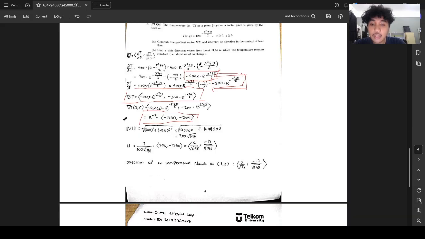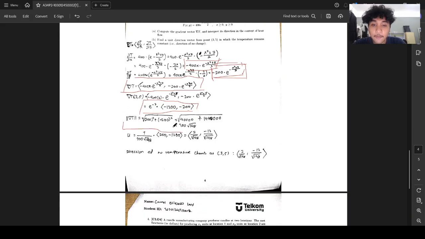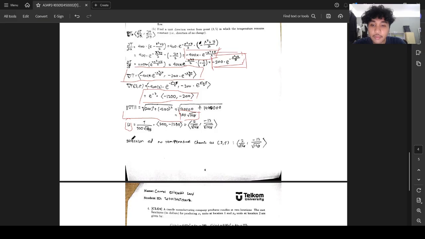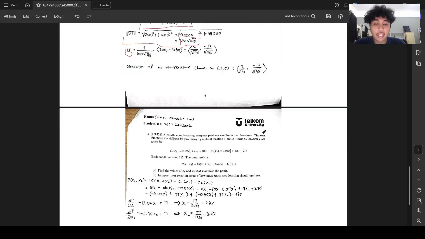Here we're gonna use this method again, and after that we will get this value. And after we have it, we can now find the unit direction of the vector. So the result of the direction of the temperature change at 3 and 5 is 2 over root of 188 and negative 12 over root of 148.